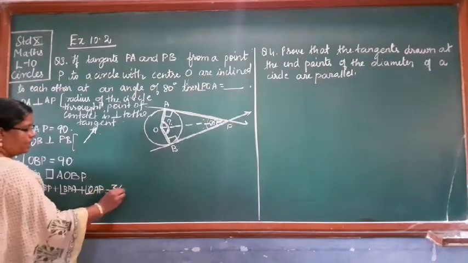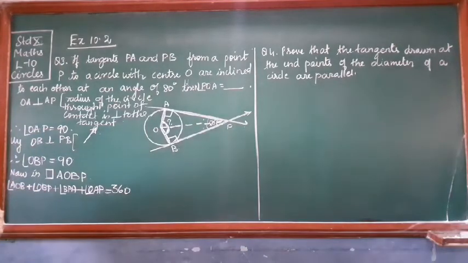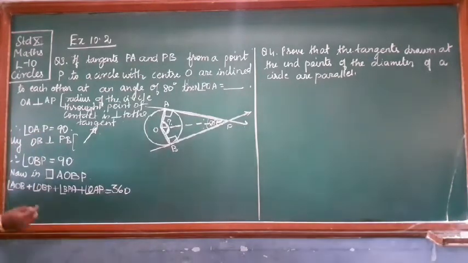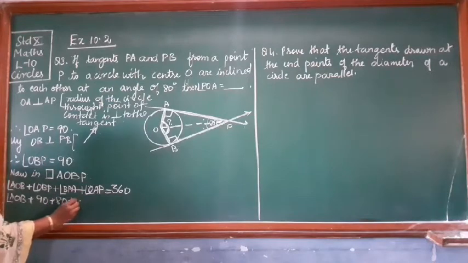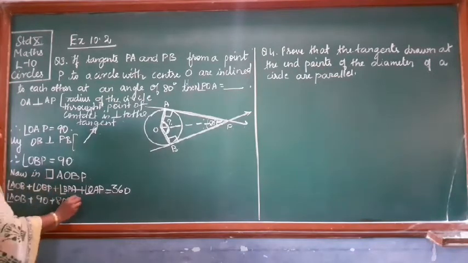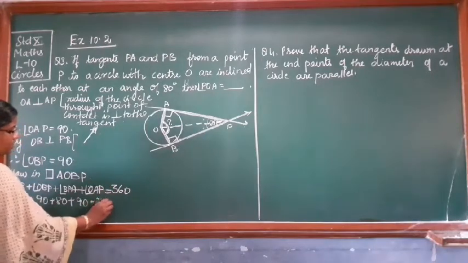You know, and the sum of all four angles in a quadrilateral will be equal to 360. This concept also you have already learned. इसमें हमें AOB का वैल्यू नहीं पता, बाकी सबका पता है. ये 90 है, ये 80 है, and OAP that is also 90, which is equal to 360.